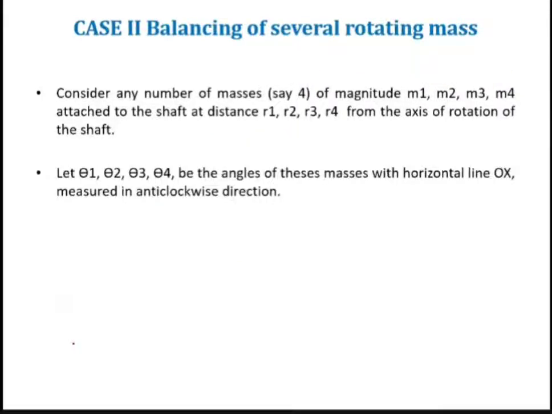Now let us consider that theta 1, theta 2, theta 3 and theta 4 are the angles of these masses with the horizontal line OH. Let us say this is the horizontal line OH.